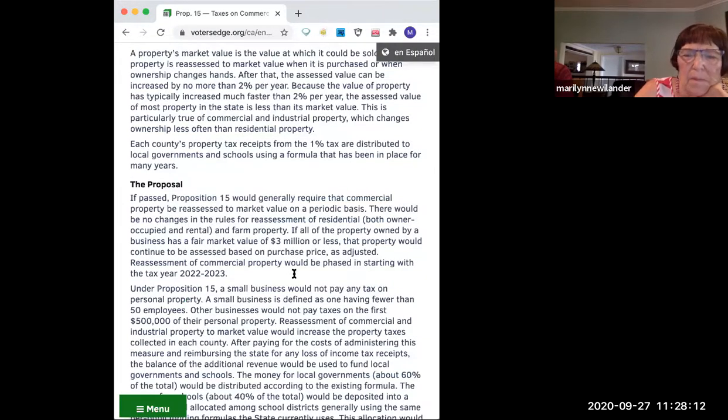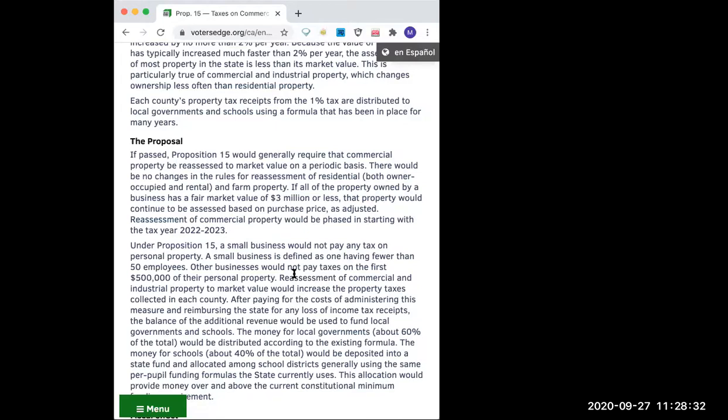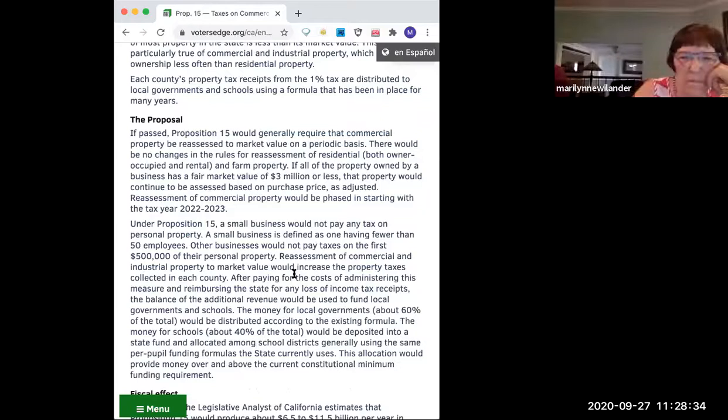They would not be affected by this. If all of the property that's owned by a larger business has a fair market value of $3 million or less, that property would also continue to be assessed based on its purchase price as adjusted. Reassessment of commercial property that falls eligible would begin in the year 2022.